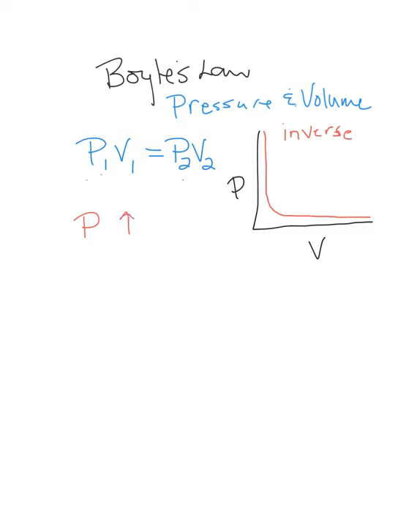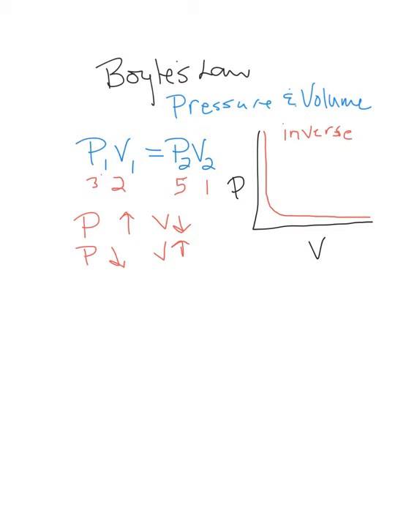So let's say I had a 3 here, and now my P is a 5. I'm just using numbers. So my pressure increased. Well, let's say my volume was a 2. Then I would expect my volume to now be a 1. The inverse: if pressure is increasing, then volume would decrease. Vice versa, if pressure decreases, I should see that volume would increase.